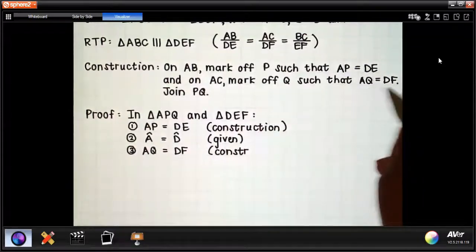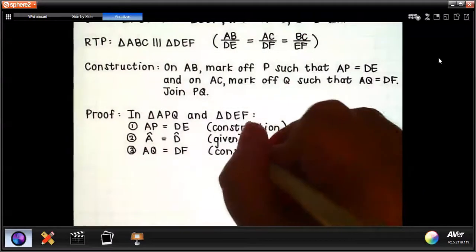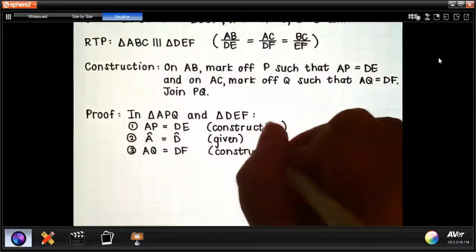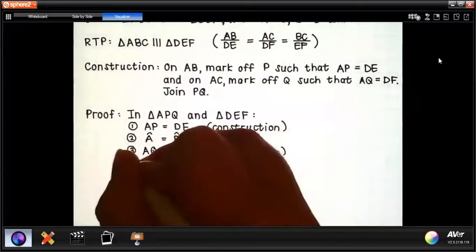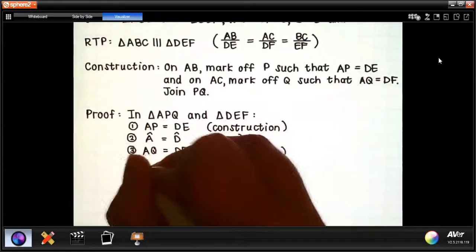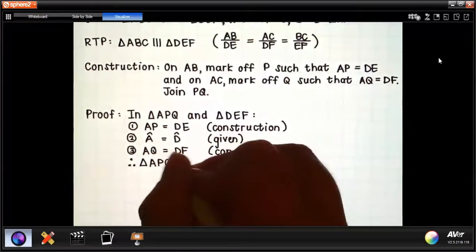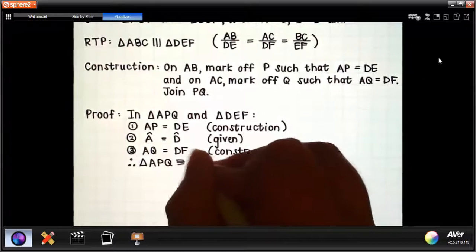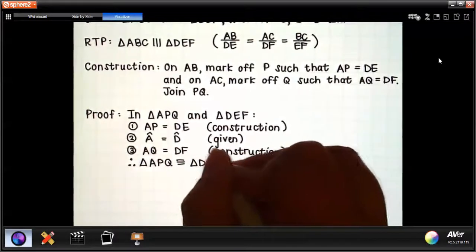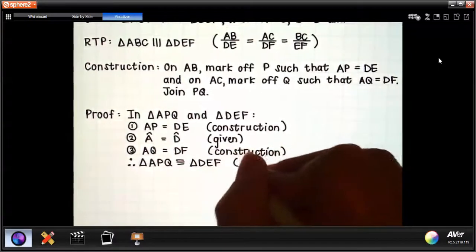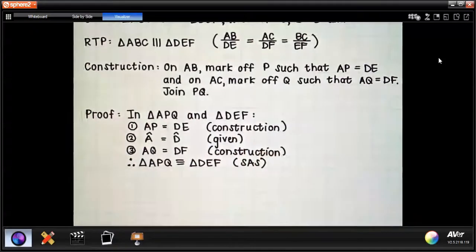It is written there in our construction in the second line. Therefore, triangle APQ is congruent to triangle DEF, and the reason there is side angle side.